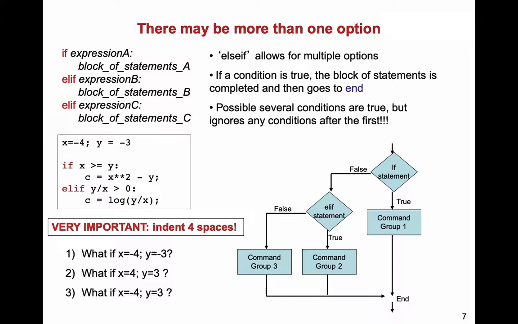No, right? Because -4 larger than -3 is false, so I'm not going to do anything in this first block. I'm going to go to the next one. -4 divided by -3 is 4/3. Is that larger than 0? That's true. So I'm going to set c to be the logarithm value of that.